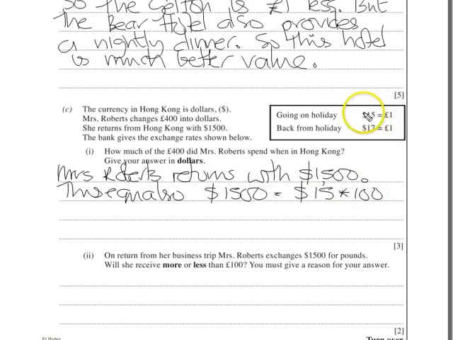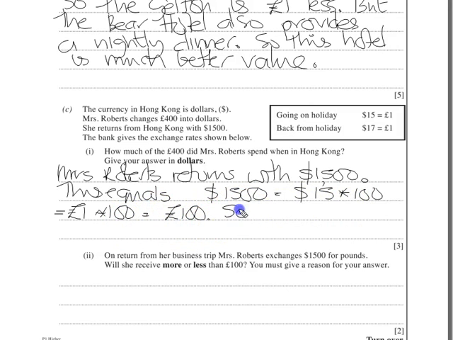And the reason I've written it like that is because the exchange rate was $15 to the pound, so I can exchange this $15 for just £1, and there's 100 of them, isn't there? So I'll keep the 100 there, and that's equal to £100. So Mrs. Roberts returns with $1,500. This equals $1,500 equals £100. That's okay there.